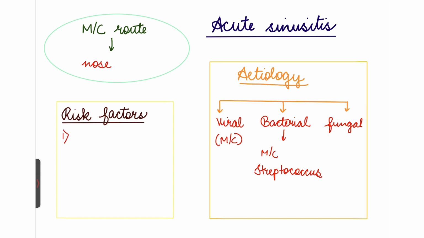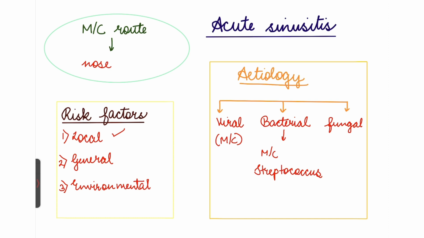Risk factors can be local, general, or environmental. Examples of local factors are upper respiratory tract infection, that is common cold, which we saw for viral etiology.